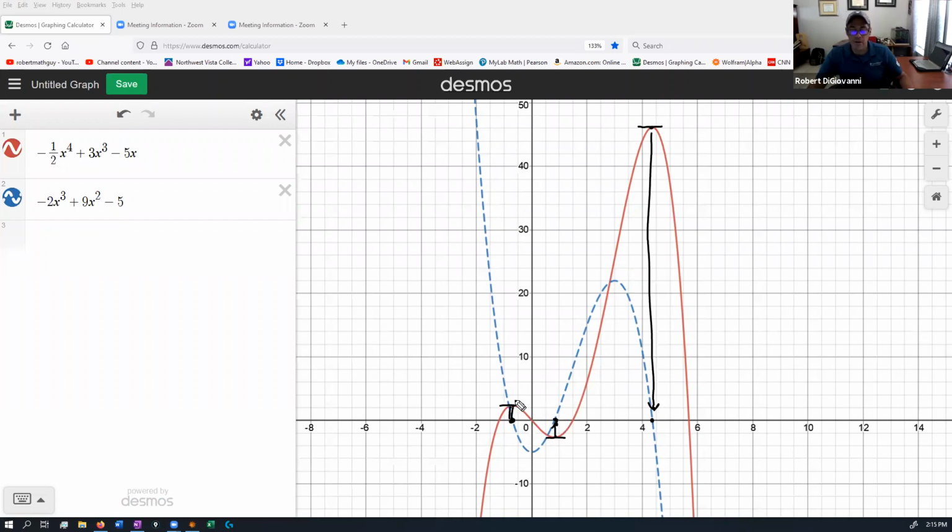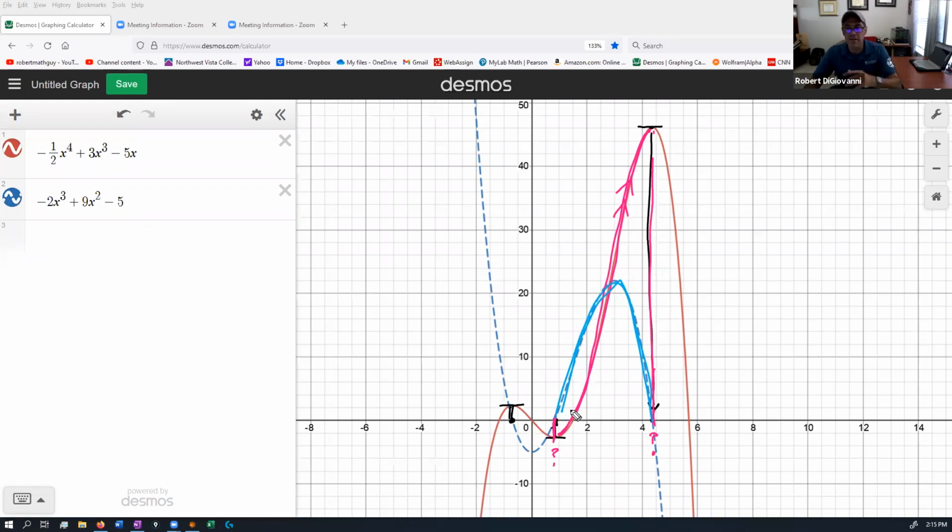It looks good. If I take one little region, like from here to here, my original function is increasing there, isn't it? Between this point and this point my original function's going up, which means my derivative function should be above the x-axis, which it is.